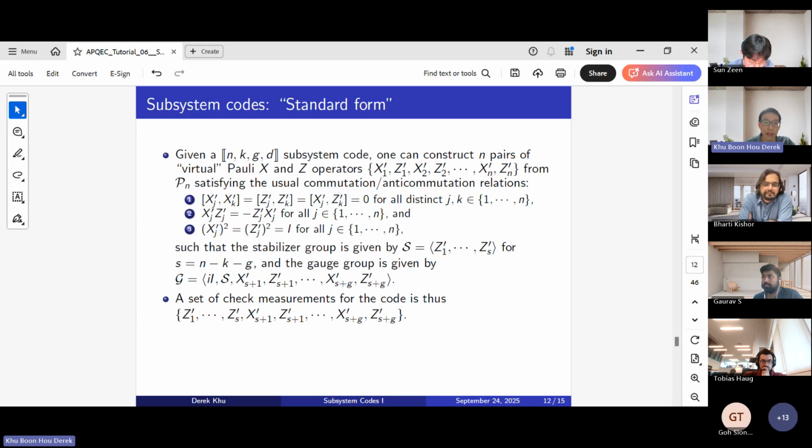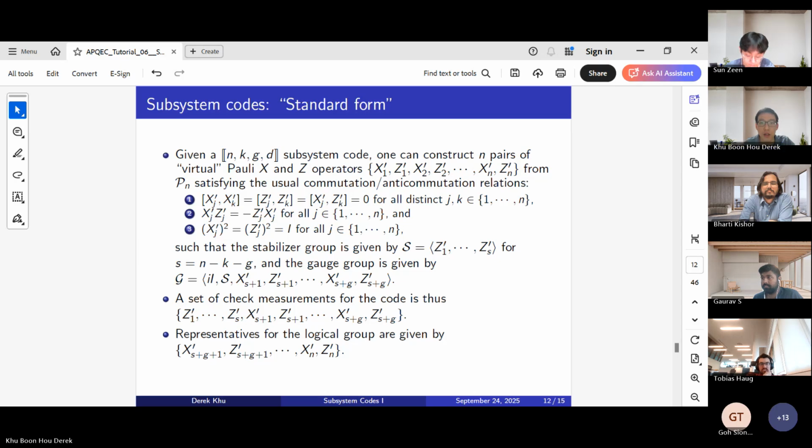You could also end up measuring products of these guys and so on, just like we did before with the Bacon-Shor code. The representatives of the logical group, the logical operators, are the ones that we didn't measure. So basically the ones with indices S plus g plus 1 up to n, which is S plus g plus k. So there are k pairs of these guys. Okay, any questions?